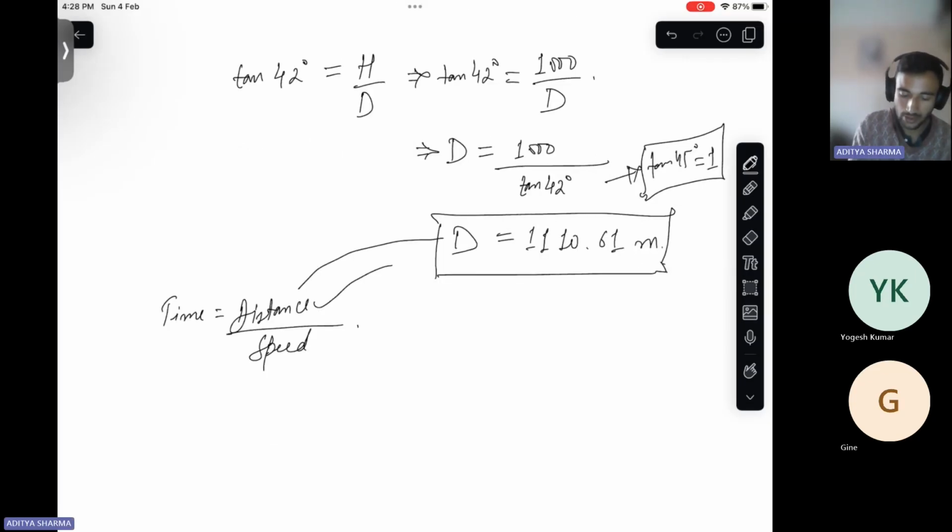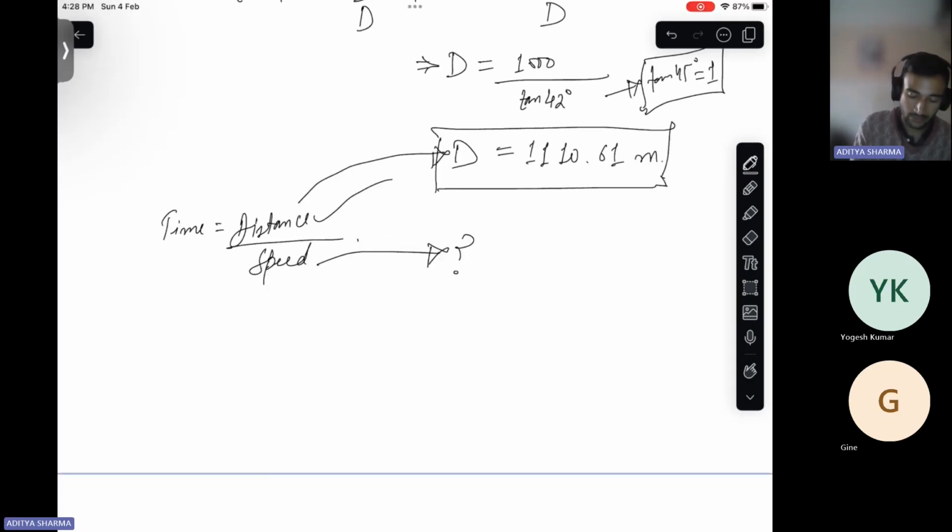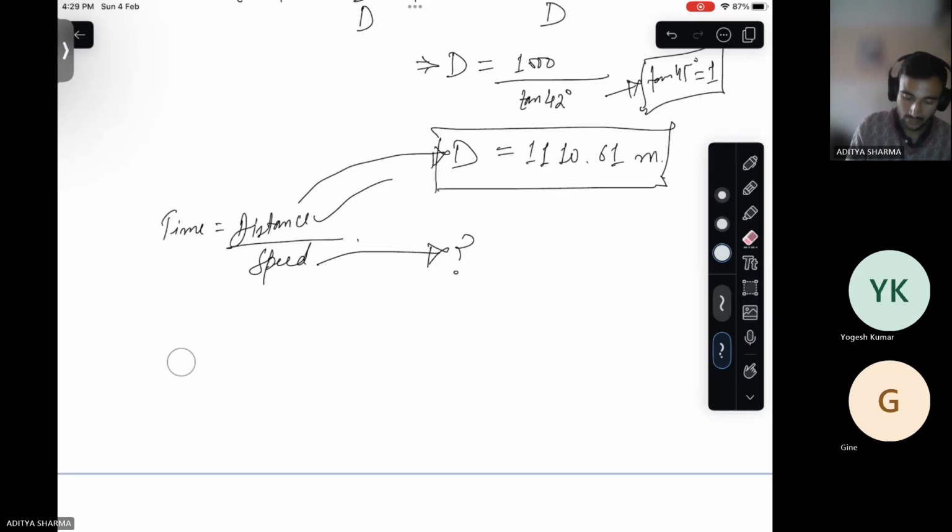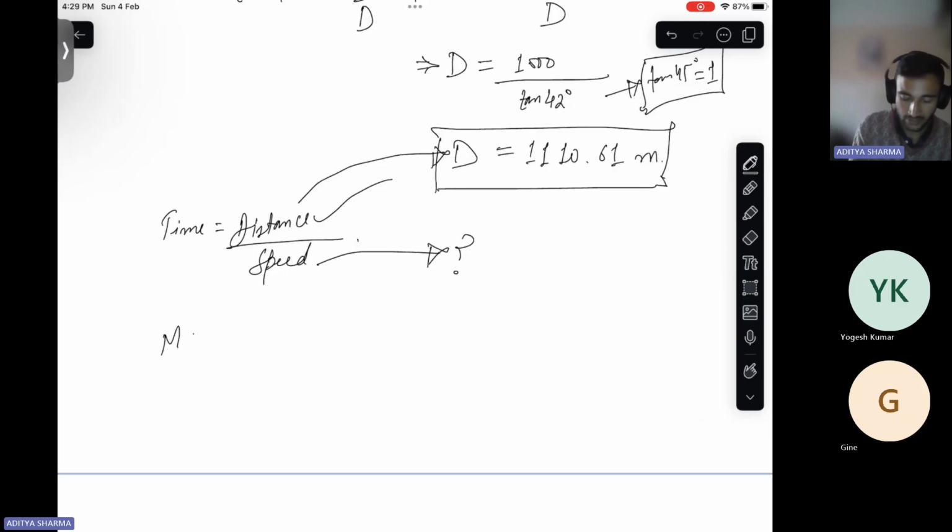But we need to find this speed, which we don't know. Or do we know? Obviously we do know, because Mach is V by a. This is the speed. This is given, 343.3.